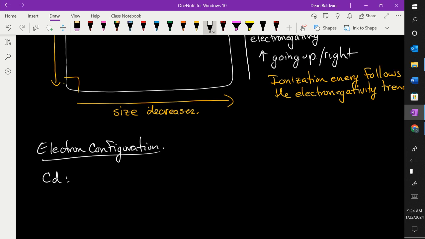Electron configuration for cadmium. We can use core notation. So you will need your data booklet. You will get a new data booklet for the test, for the exam.